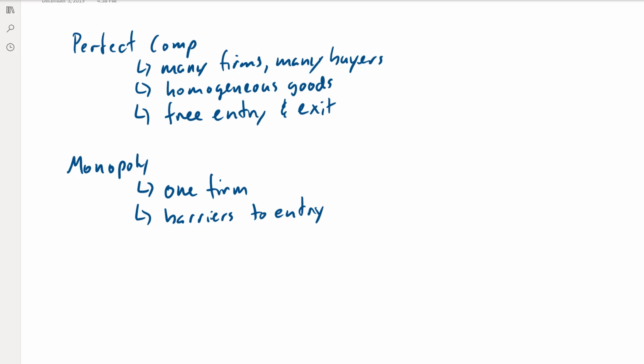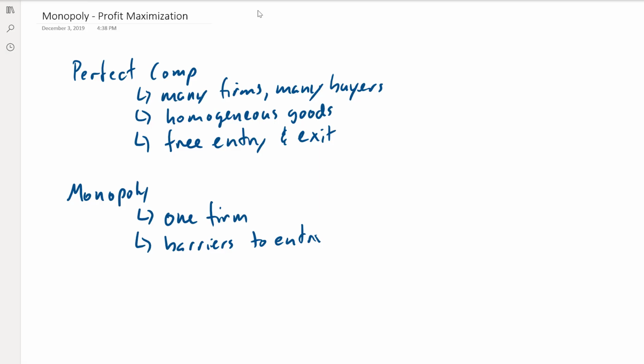So they get to choose both price and quantity. The other difference is that there are barriers to entry in monopoly. So even if other firms see a profit, an economic profit in this industry, there's something that's stopping them from entering. So let's take a look at what a diagram will look like for a monopoly, a profit maximizing monopoly.